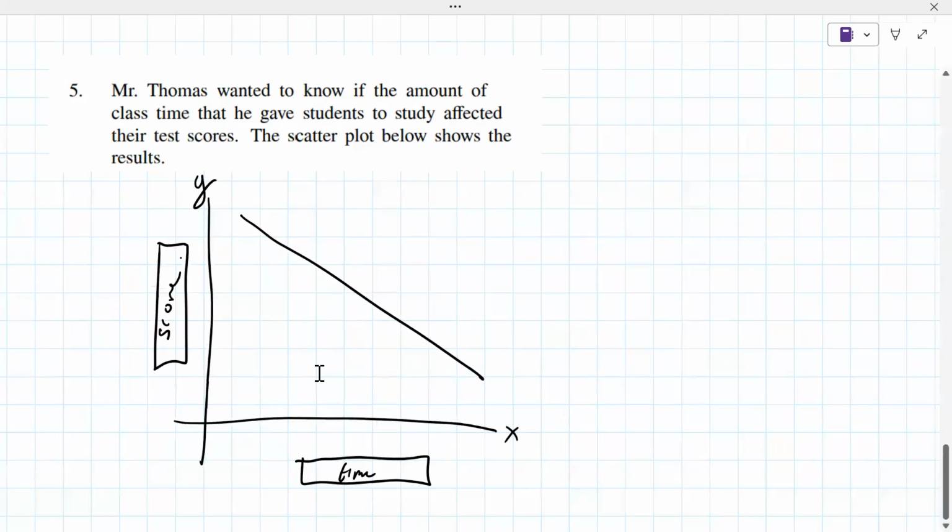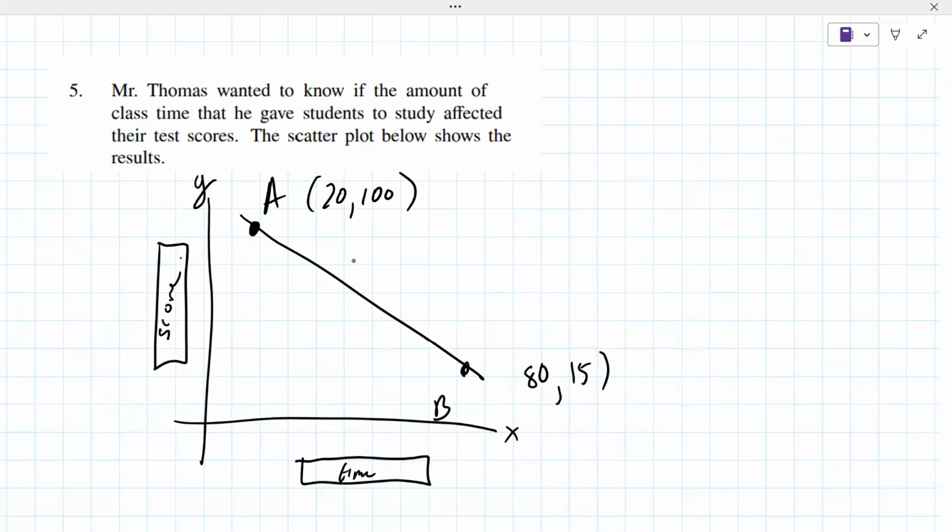Okay. So give me an example of an ordered pair, A and B. Like A is how much study time and what's your score? Twenty minutes and 100. Okay. And so B is like you studied for 80 minutes and you got a 15.